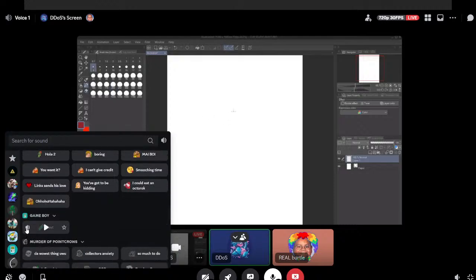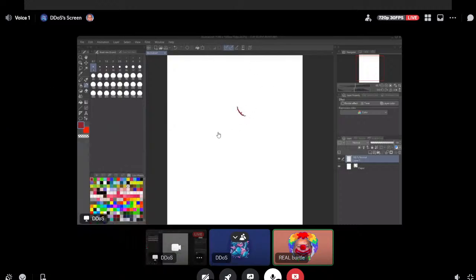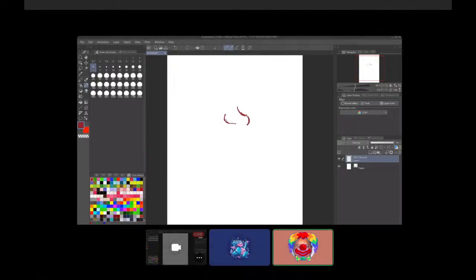Hey guys, what's going on? I'm drawing a stupid horse. You're drawing a horse? Yes. Oh, looks nice. He's got an ear, and he's got some rocking hair in the back. What's his name?